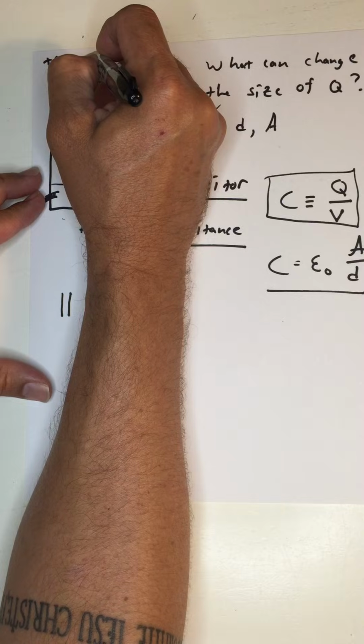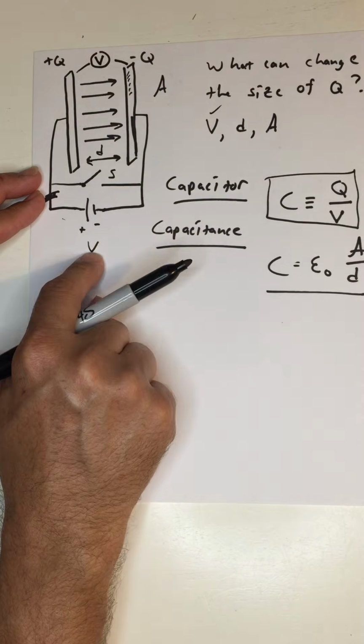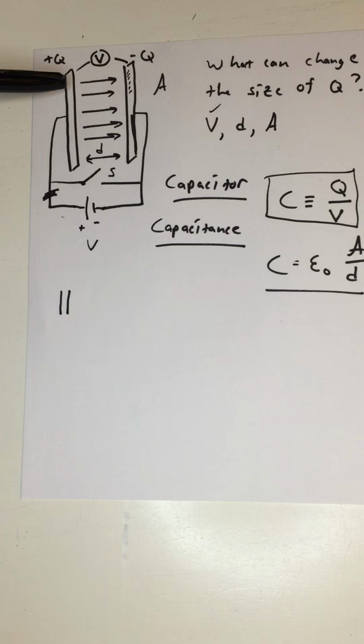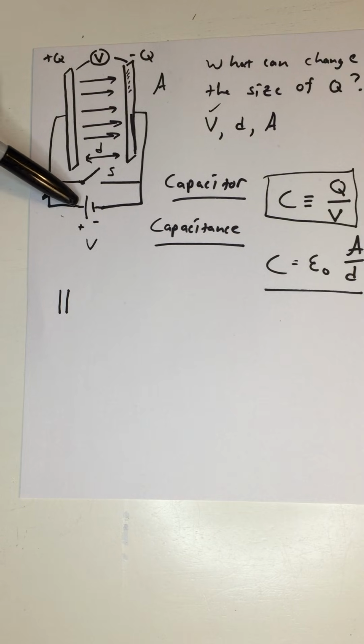I measure the voltage of the battery. Think about it. If you have a 9-volt battery here, and you're charging up the plates with a 9-volt battery, there's only so much charge that 9 volts can put on it. It stands to reason then that as the charge builds up, and I'm starting to develop a potential across these plates, after the charge stops flowing, I've developed the same potential as the battery.